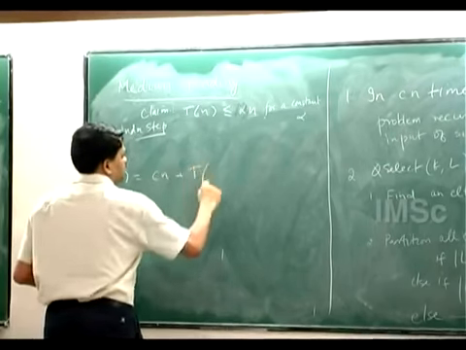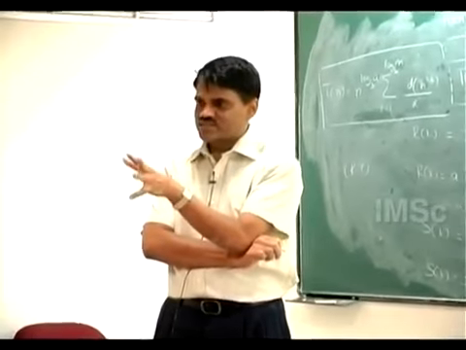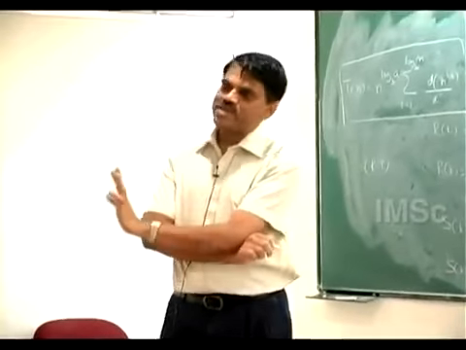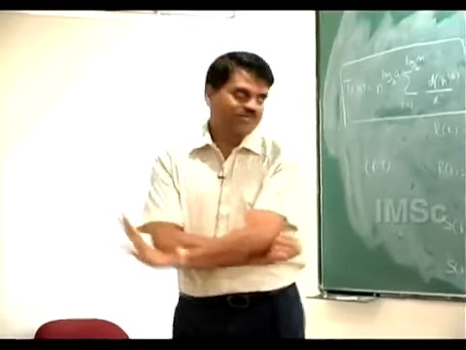Because it's the median of n by 3 elements, n by 6 elements are on each side and each has one more, so 2n by 6, it's n by 3 that you can guarantee to throw out, so 2n by 3 will be left. So what you have is this, and this doesn't give you linear because the fractions add up to exactly 1.